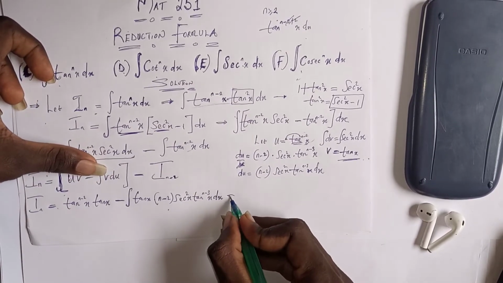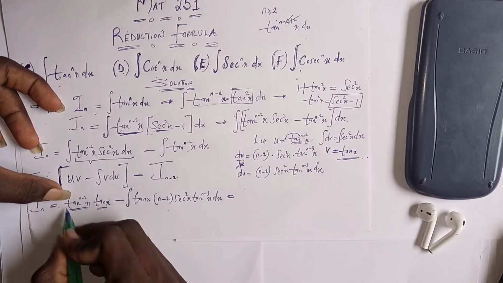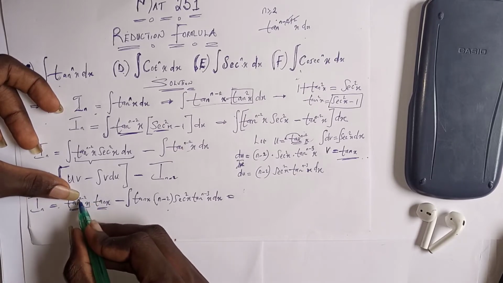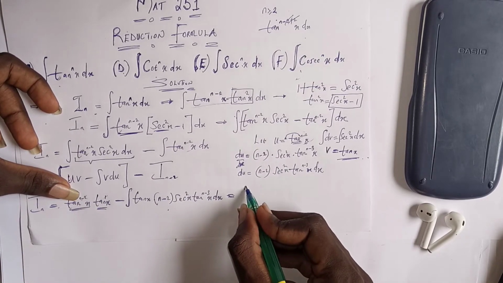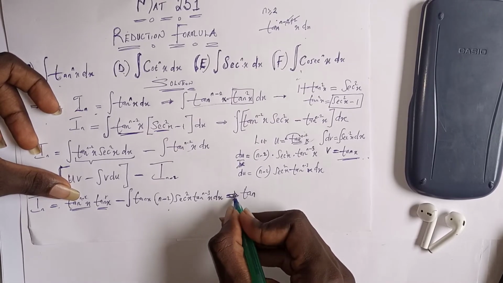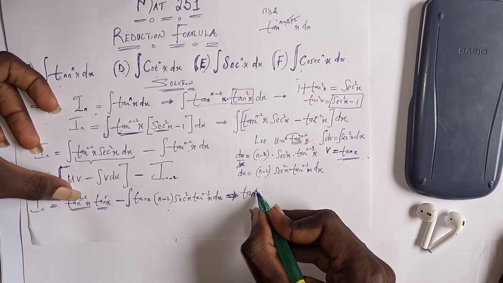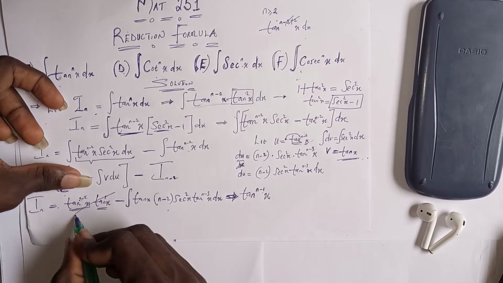So this is actually equivalent to, when this multiplies this, by the rule of indices, you have the same base but with different powers. That will be n minus 2. There's an invisible one here, minus 2 plus 1, that is minus 1. So I'll end up having tan of n minus 1 of x, done.